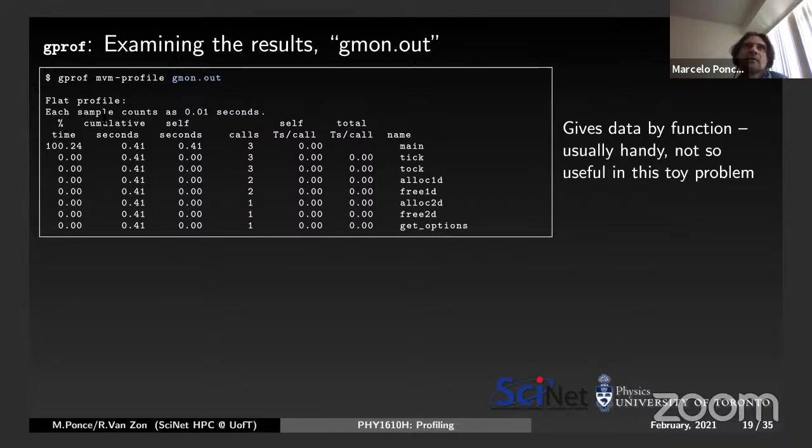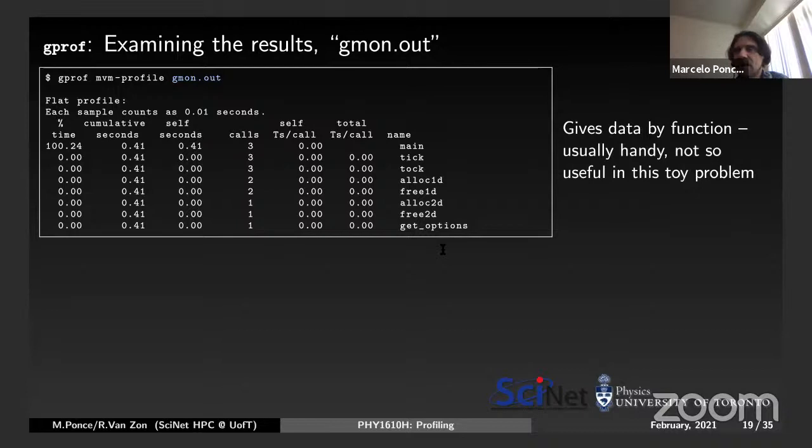It will tell you, for instance in this case, the total cumulative time in seconds, how many times it was called, and the name of the function that was being called. So it gives the data by function. Depending on your code, it can be useful or not. You can see that it also goes to very low levels, with calls to, for instance, free or alloc, even when we didn't call those ourselves. So it can dive into your functions themselves.